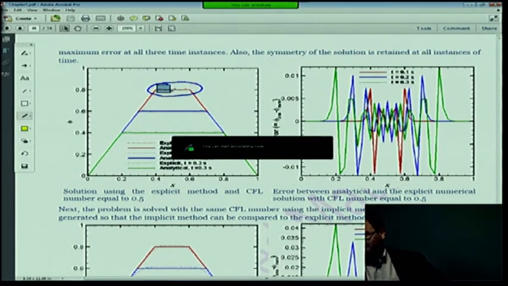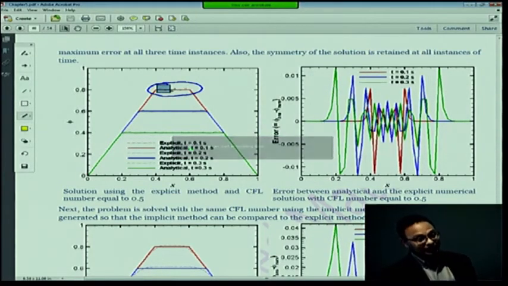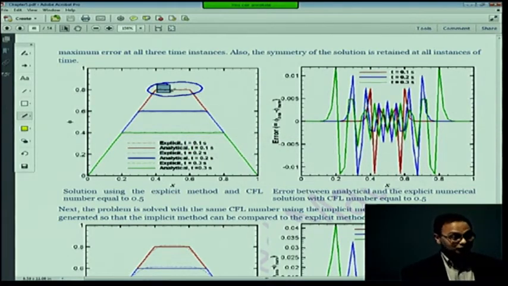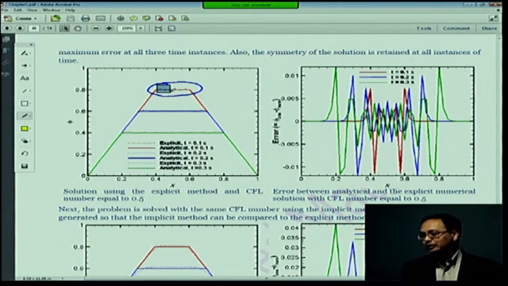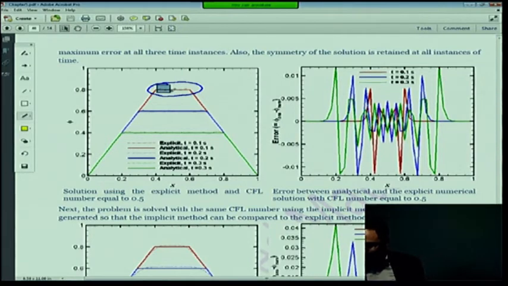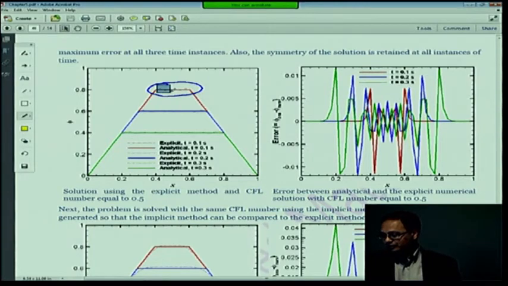Now these flat lines, by the way, are very difficult to exactly replicate numerically. For example, if I asked you to fit a line like that with a polynomial, that's one of the hardest things to do. If I say, fit a fifth order polynomial to this line, you are going to get these wiggles around that line. There's no way to avoid it. So you see with the explicit method also there are these tiny wiggles, and if I look at the errors between the analytical and numerical solution, then you basically end up getting these kinds of very noisy profiles.